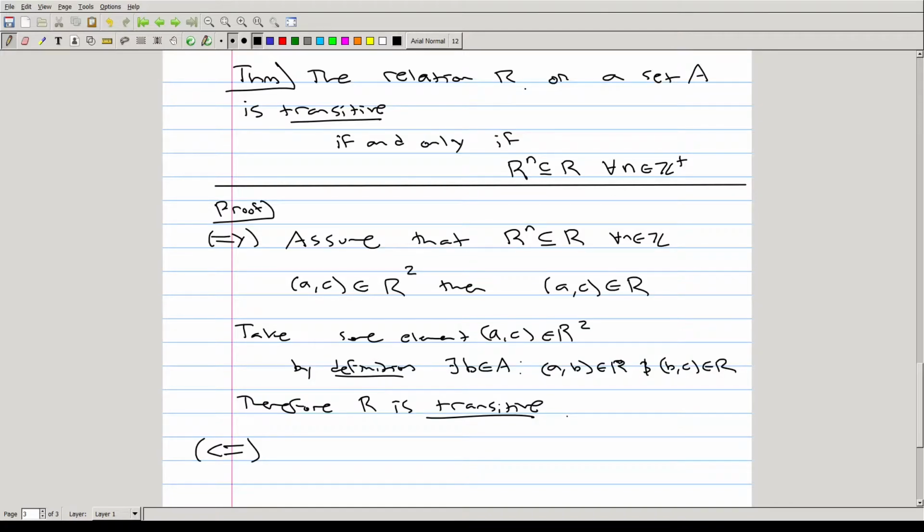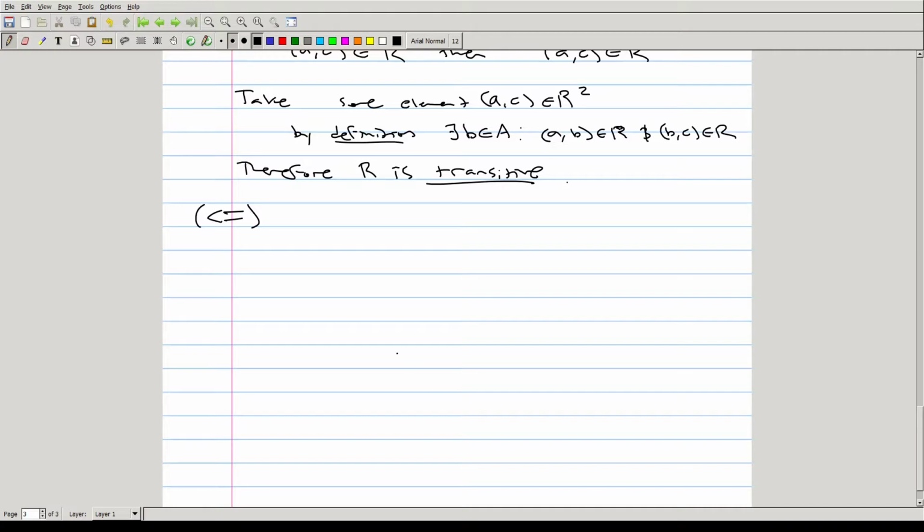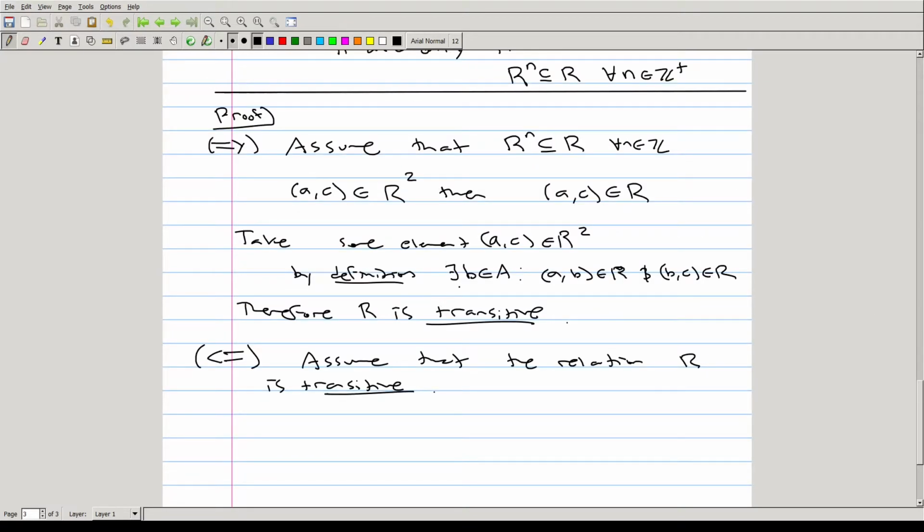So what we do is we say we're going to assume that the relation R is transitive. If it is transitive, then what we're going to try and do is show by induction that R to the n must be a subset of R.